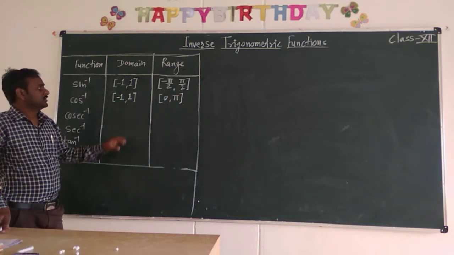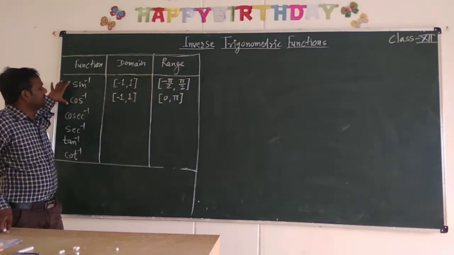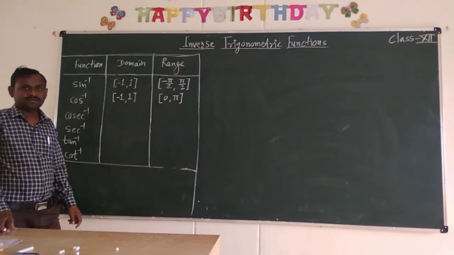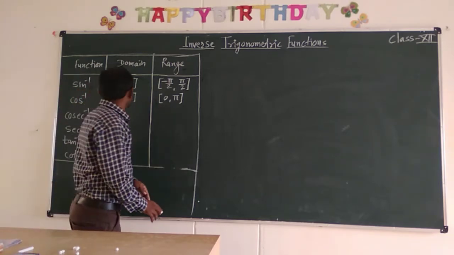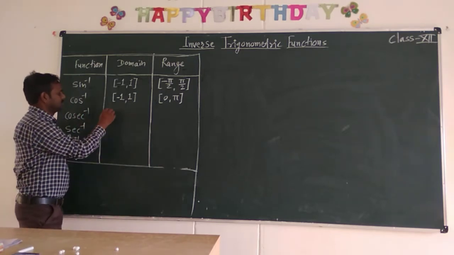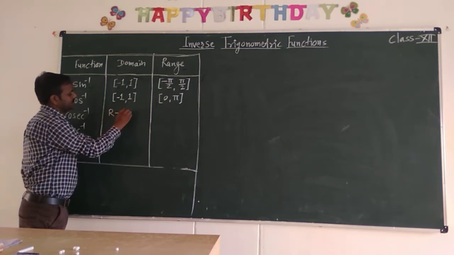If you remember these two ranges of sine and cos inverse, then you can write the other functions' ranges. So the domain of cosec inverse x is R minus (-1, 1).